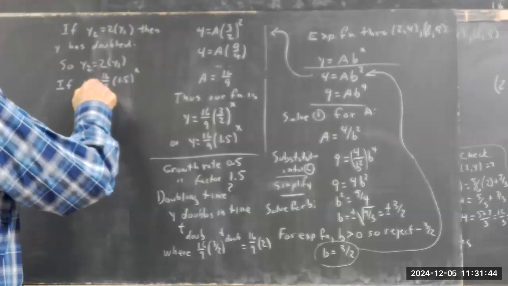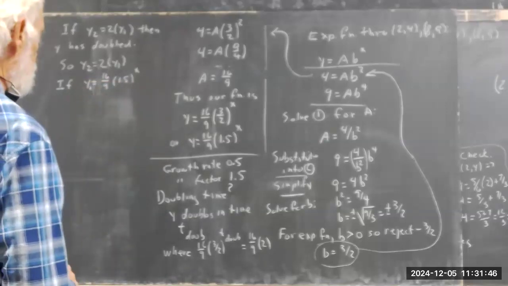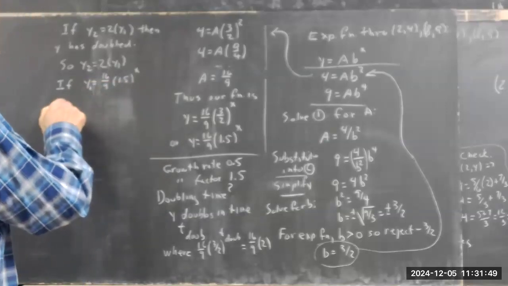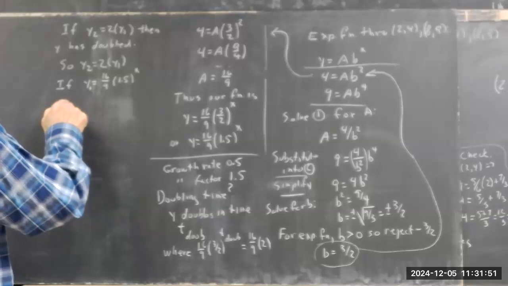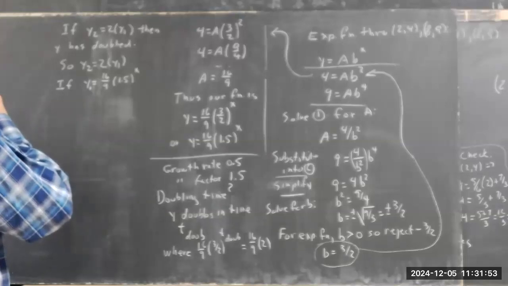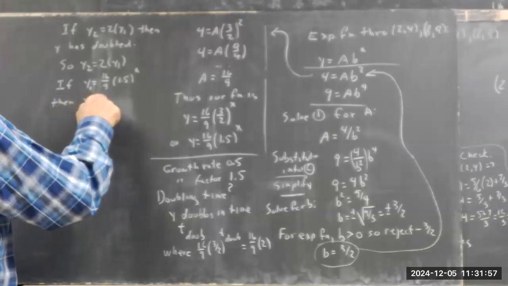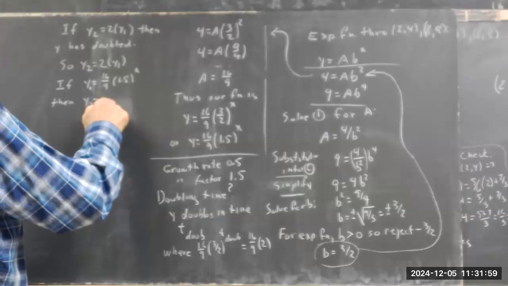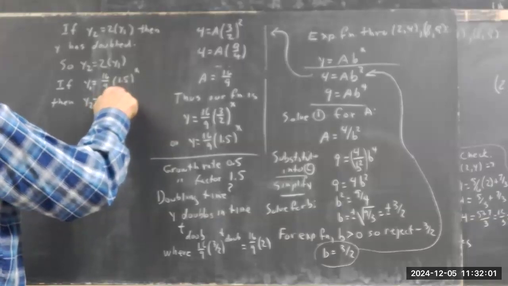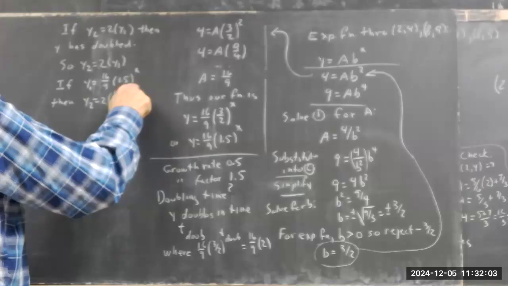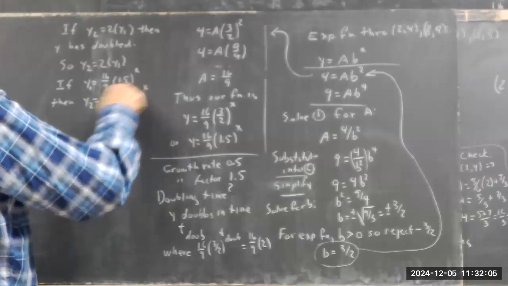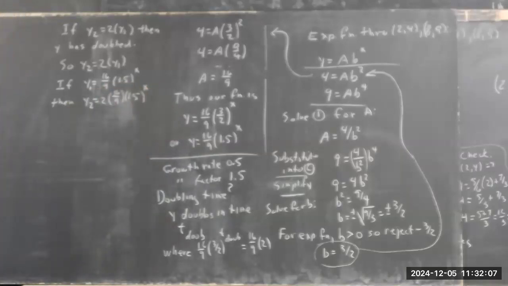If Y1 equals 16/9 times 1.5 to the x, and Y2 equals 2 times 16/9 times 1.5 to the x.